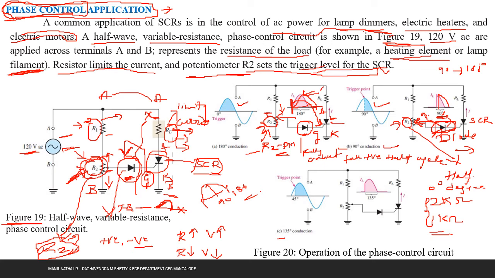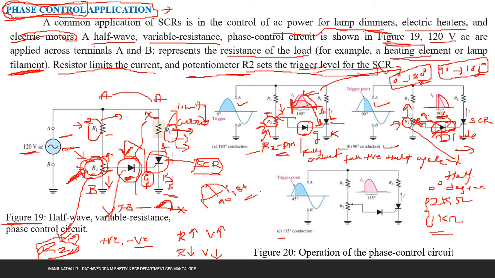Before, in the earlier case, the SCR conducted from 0 degree to 180 degree, because the diode conducted from 0 to 180 degree. But here the diode is not going to conduct from 0 to 180 degree. It is going to conduct only from 90 degree to 180 degree because of this potentiometer resistance.